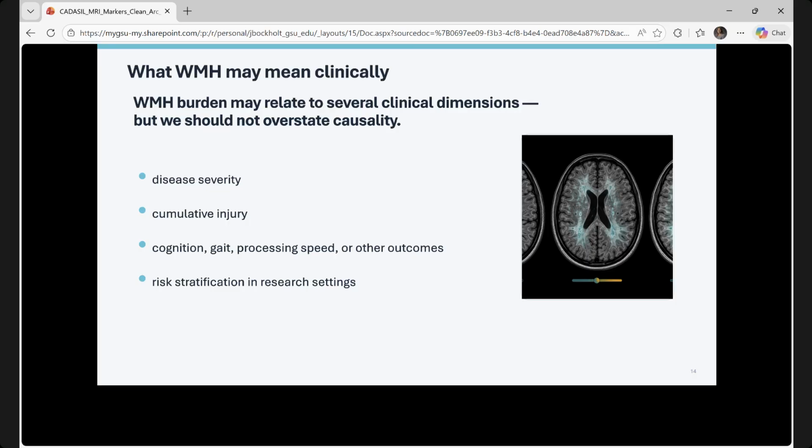What we do see as a strong association is that cognition, gait, and processing speed are all associated with lesion burden, and each is changing over time. I also showed risk stratification, which essentially means the difference between low, medium, or high risk Notch3 locations. Next slide.